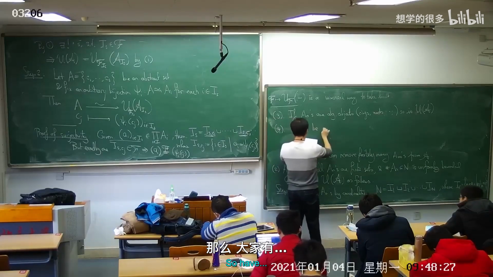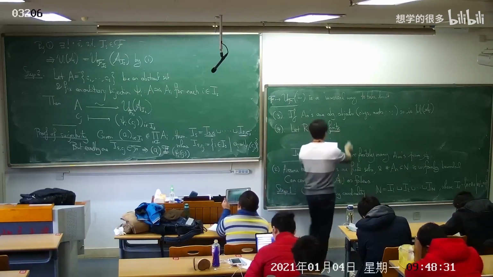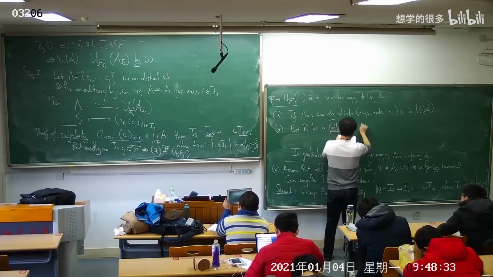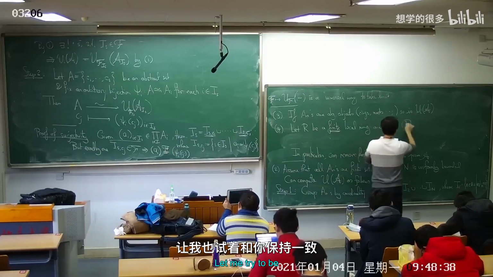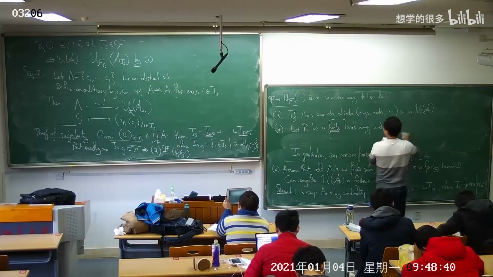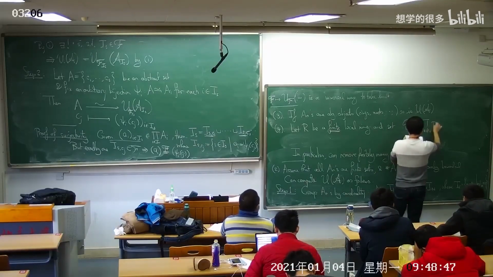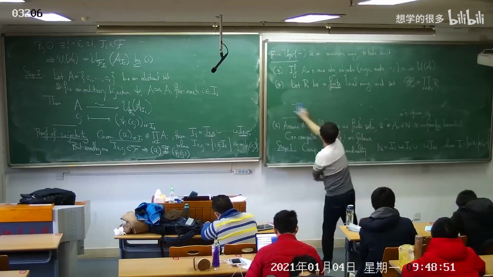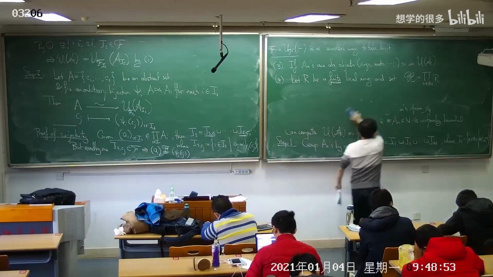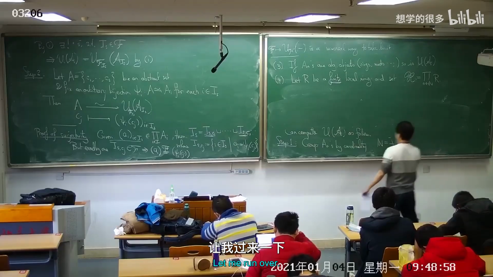So if R is a finite local ring, and let me try to distinguish the two, so it's curly R. Let me run over.